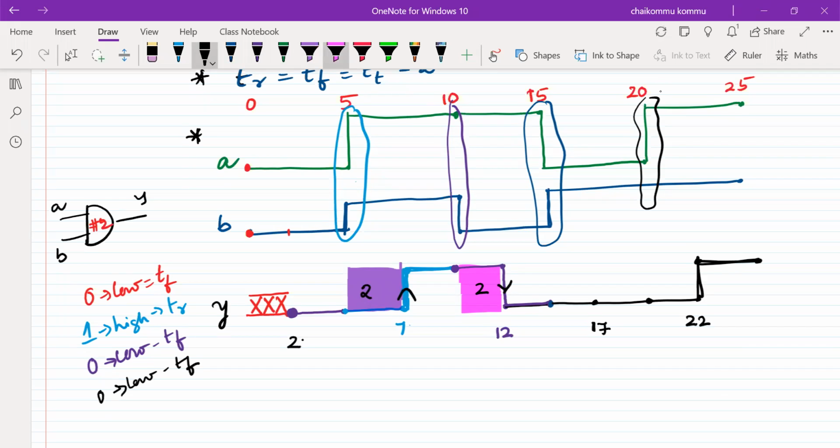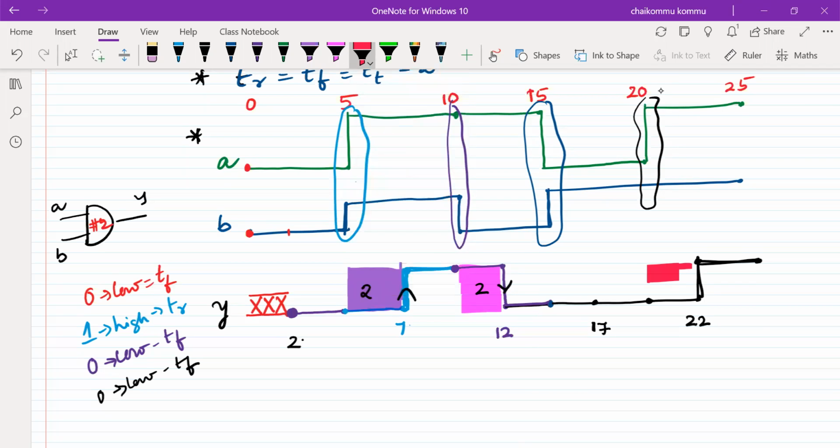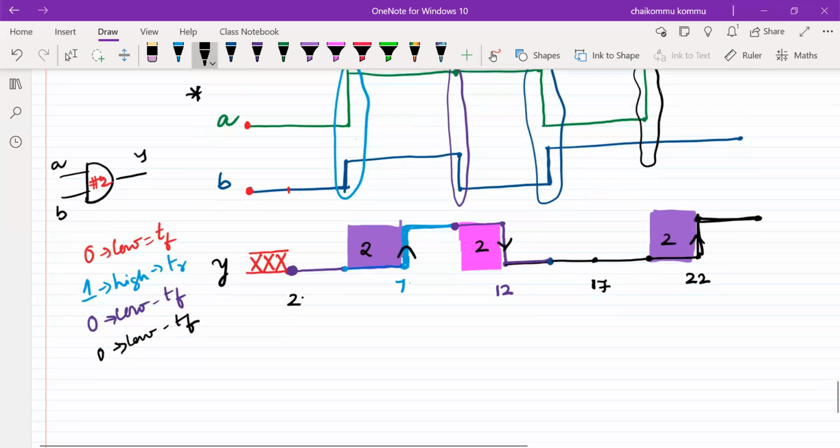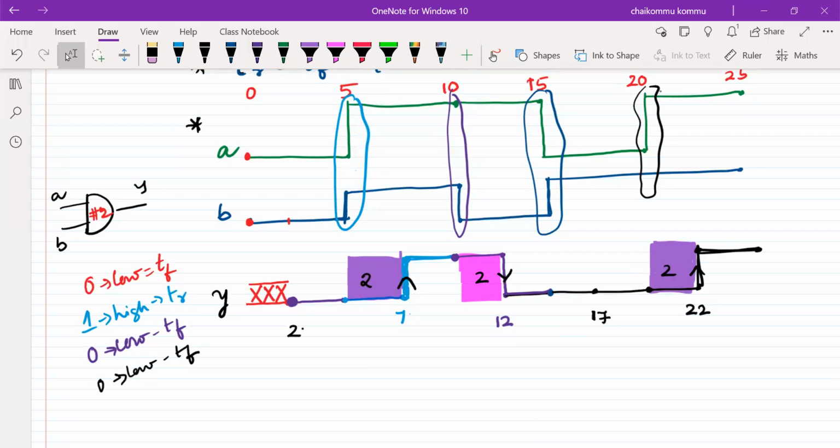Okay. So what is the delay that has elapsed here now? The delay is nothing but, again, I think it is better to take the magenta color. So it is taking 2 timing units of delay for the rise. Is it clear to all of you? So what we expect, the expected output is something like this.